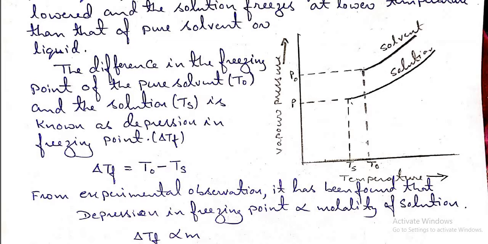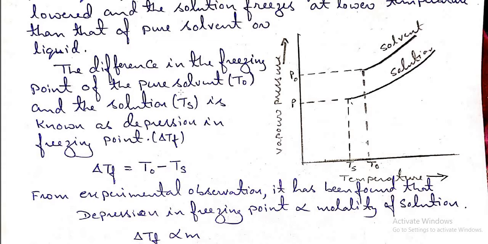In case of solvent, the corresponding freezing point is T naught, that is the freezing point of pure solvent. For the solution, since the freezing point gets decreased, let that be Ts, that is the freezing point of solution. The difference in this freezing point is known as depression in freezing point, because there will be a decrease in the freezing point.